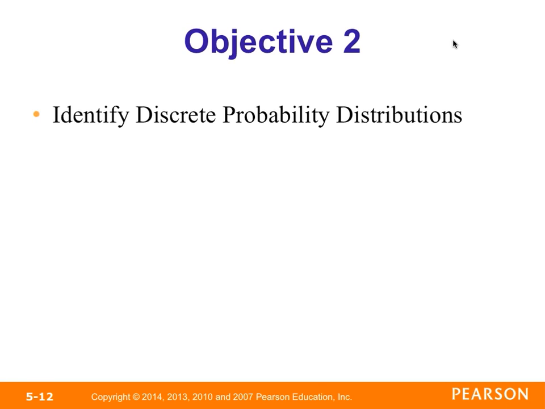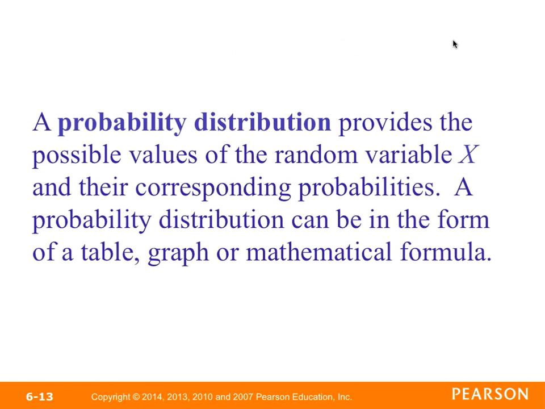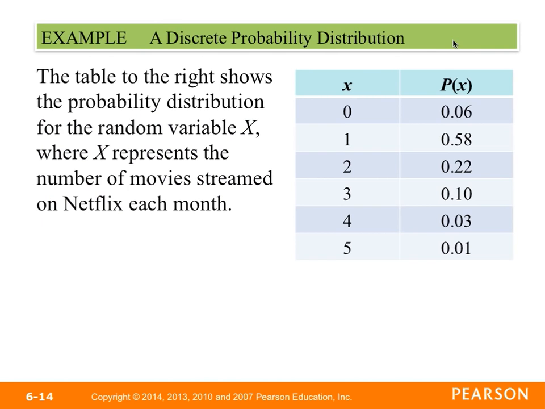Okay, objective 2 is being able to identify discrete probability distributions. A probability distribution provides the possible values of the random variable x and their corresponding probabilities. A probability distribution can be in the form of a table, graph, or a mathematical formula.